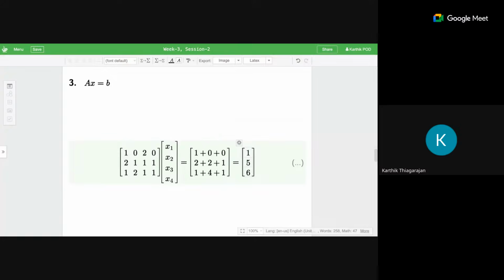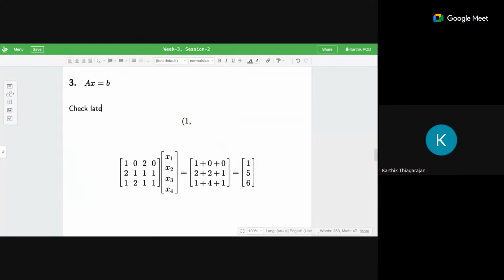Just to make sure it's correct: 1, 2, 1; 0, 2, 4; and 0, 1, 1. So that's 1, 5, 6. Just remember this, and check later: one of the solutions has to be 1, 2, 0, 1.